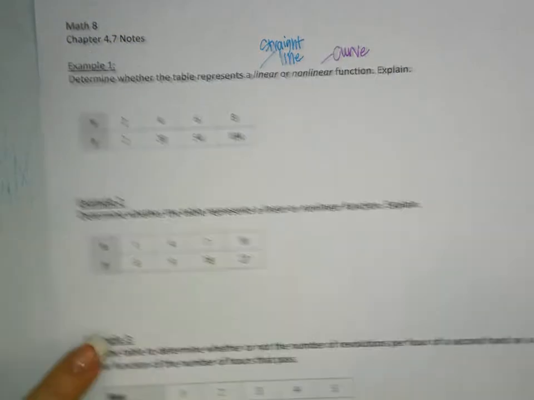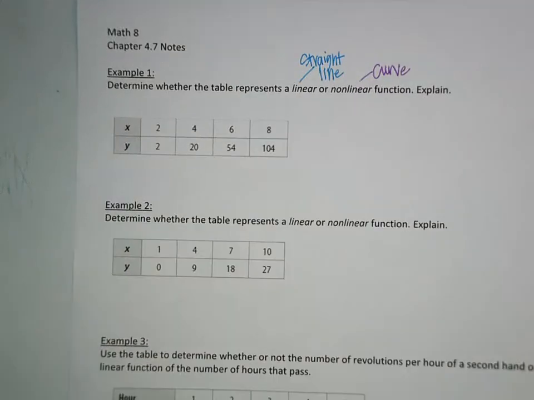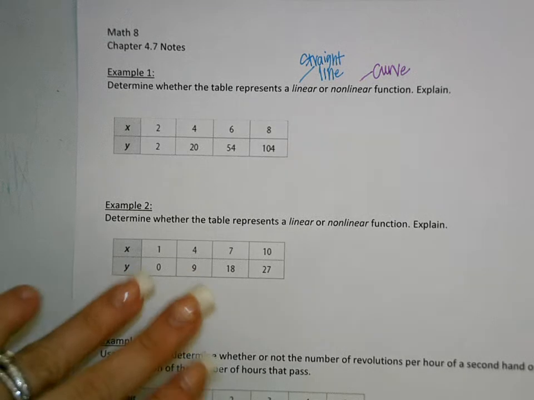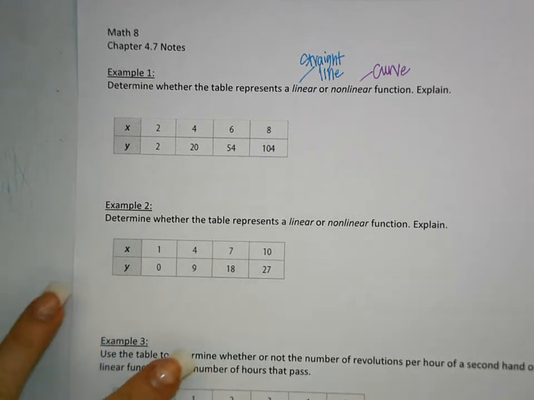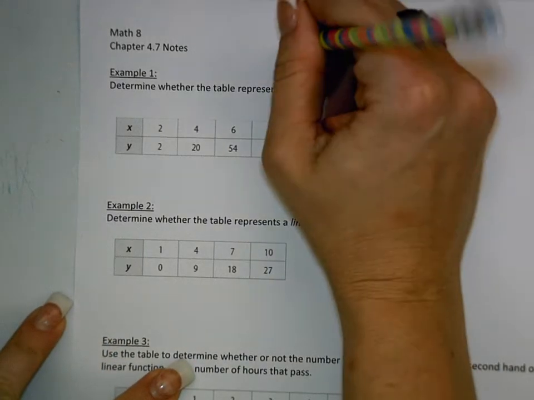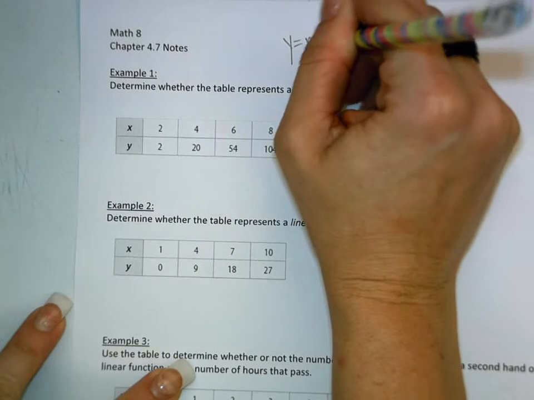So we want to figure out, how do we know if these tables represent a straight line or a curve? What's the formula for the graph of a straight line? Y equals mx plus b.